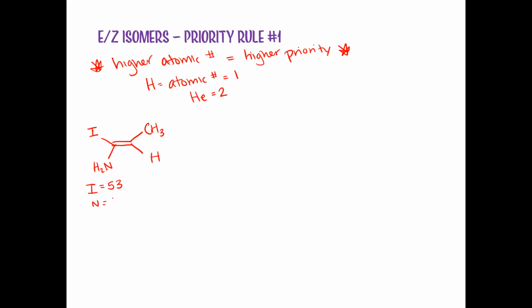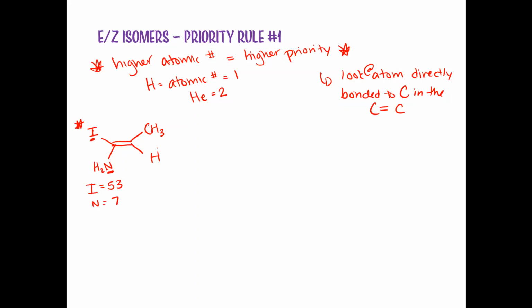Nitrogen's atomic number is 7. We look at the atom directly bonded to the carbon in the carbon-carbon double bond. So that means we're looking at nitrogen and iodine. Iodine has the higher atomic number, so therefore it is higher priority.